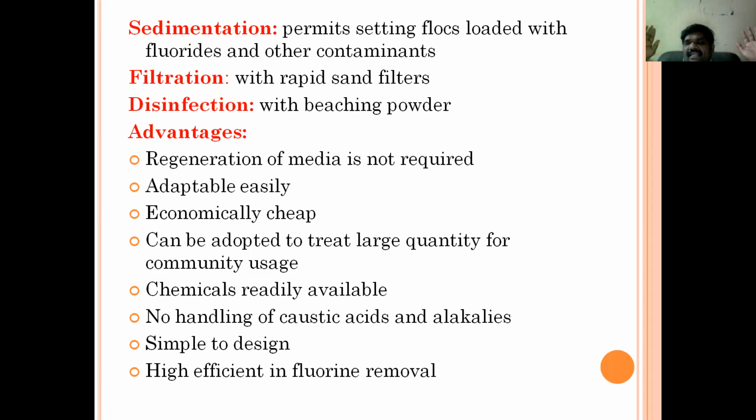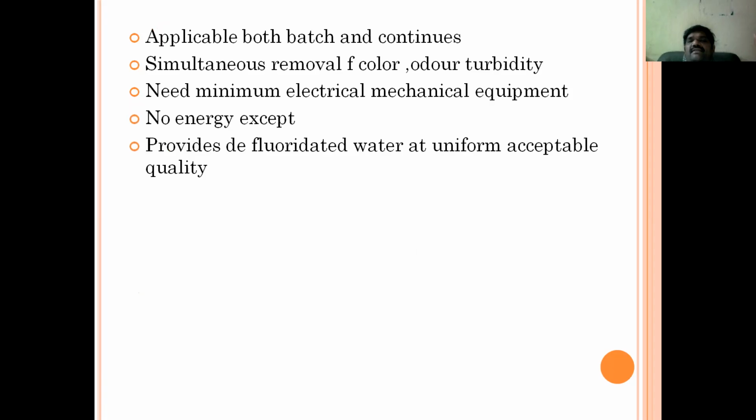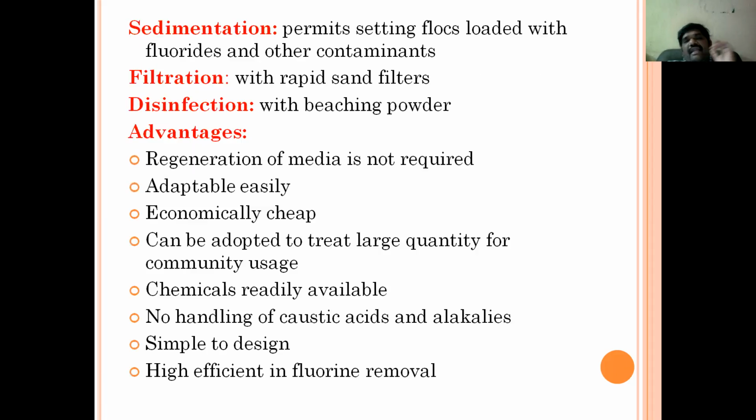And fourth, easily and readily available chemicals are used. It is simple to design and highly efficient in removal of fluoride concentration. When we adopt this fluorine removal, the unwanted color, odor, and turbidity are automatically removed, and it provides defluoridated water of uniform acceptable quality. This is about the advantages.